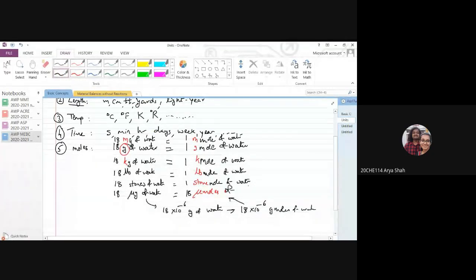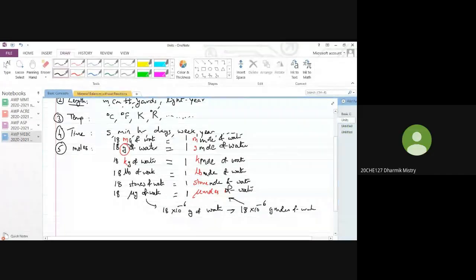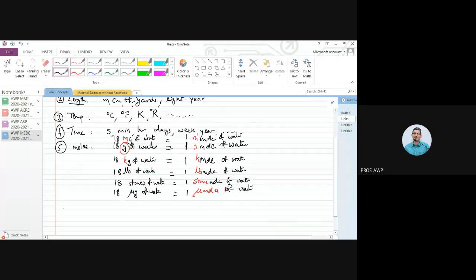Sir, it would be micromoles of water, not 1 micromole. Oh, sorry. So it will be 1 micromole of water. Sir, gram mole also it would be 1 only. Gram mole, it would be 1, so I've written 1 only. No, sir, 18 into 10 raised to minus 6. Oh, sorry. 1 into 10 raised to minus 6. All right. Thank you. Just proves that you are awake. Very nice. Okay, next quantity.